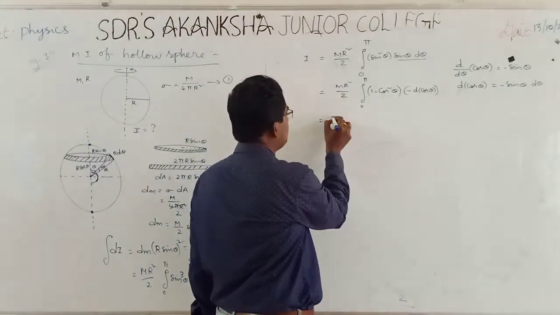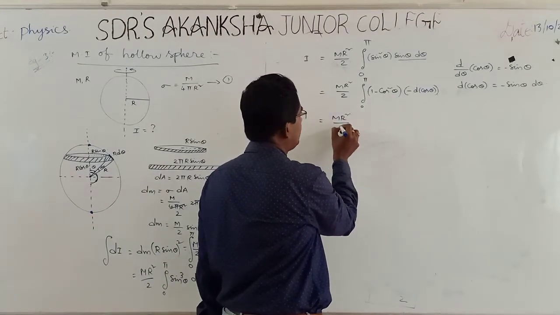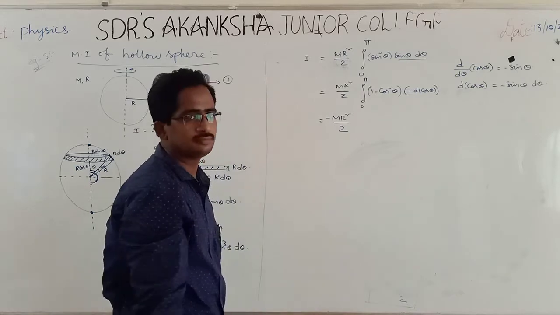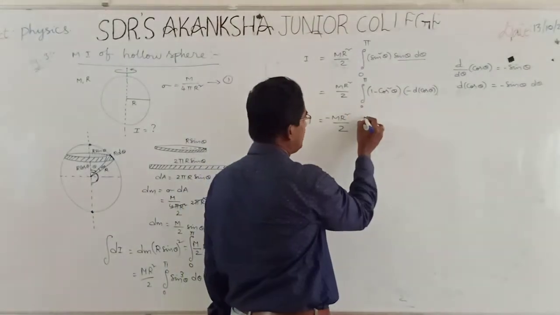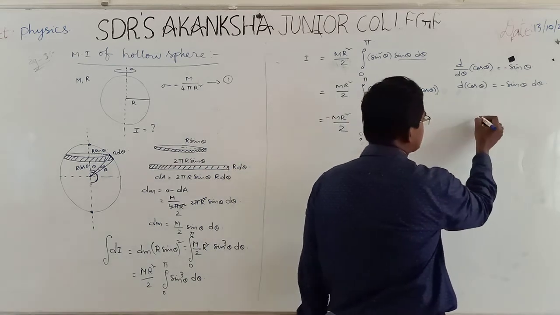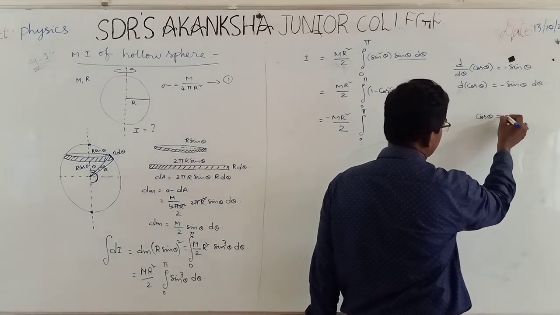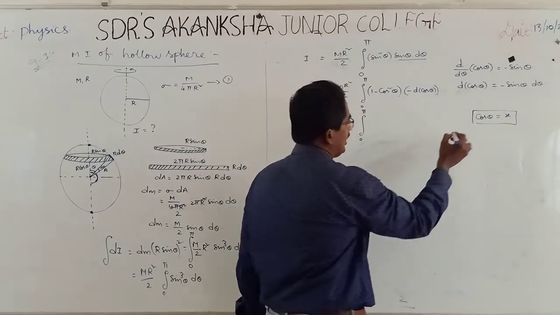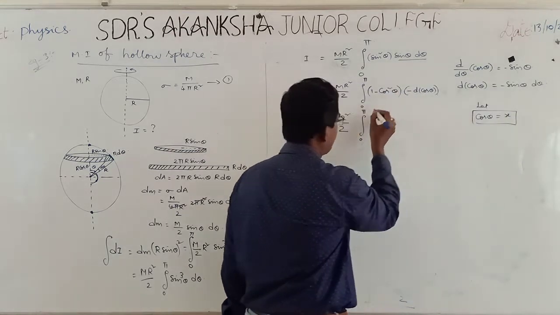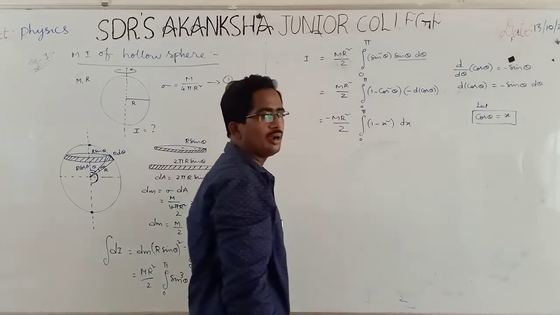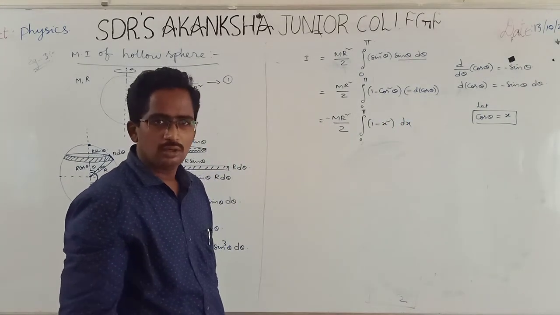So M r square by 2 into minus, taking this minus sign out, the integral from 0 to pi. If we let cos theta as x, then what we have here is 1 minus x square into dx.